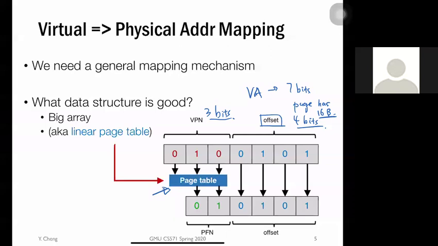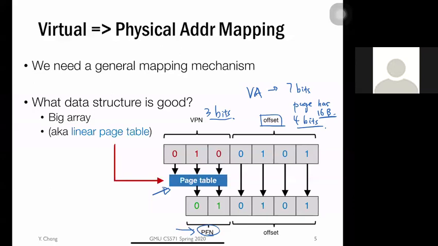The operating system would just use the virtual page number to index into this linear array and fetch the value pointed to by that particular index. And this value is the mapped, translated result, which is the physical frame number.